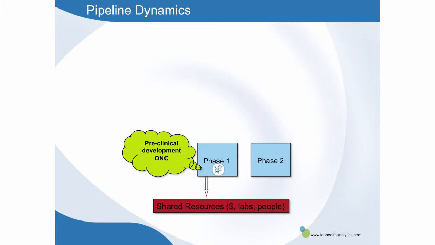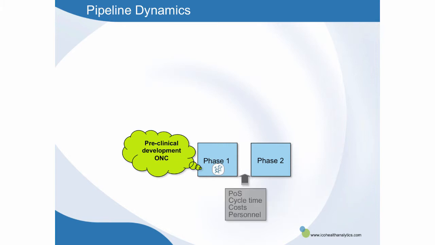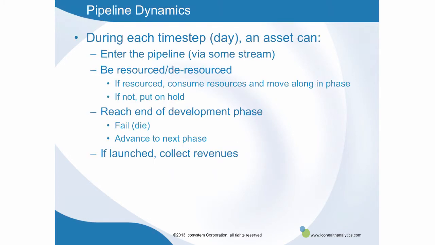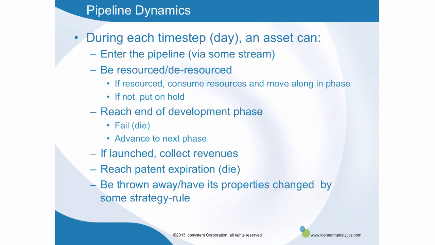The asset may reach the end of the current phase, at which point a coin is flipped, biased by the asset's probability of success for that phase, to determine if it fails and exits the portfolio, or if it advances to the next phase. If the asset is on the market, it will collect revenues. If it has reached patent expiration, it exits the portfolio. The asset may also be thrown away or have its properties changed due to some strategy.